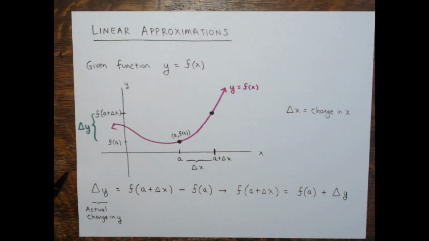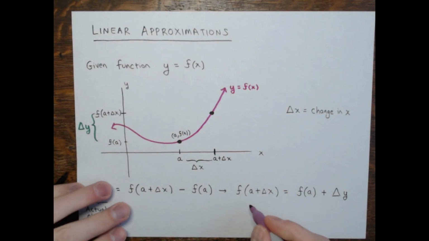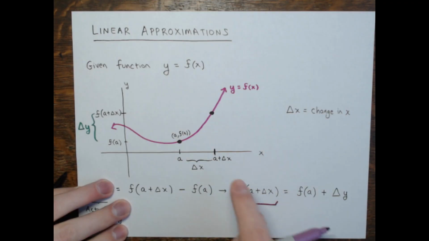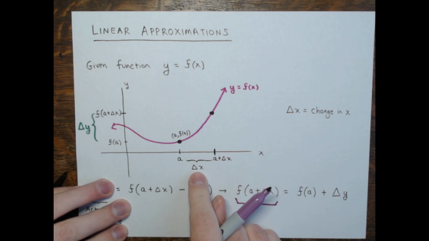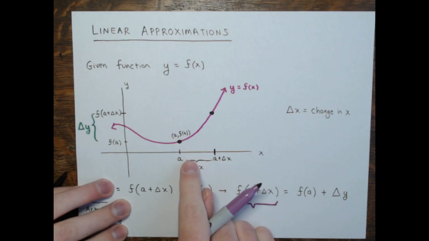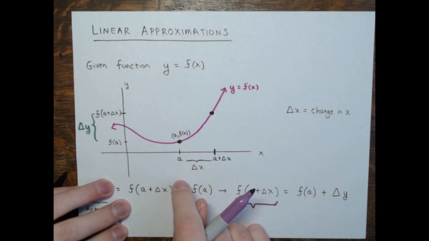So what we're going to be doing in this section is look at this value of the function at an input off of a, or near a. So we're going to have delta x be pretty tiny here. The change in x be pretty small, so we'll be close to a, but not at a.